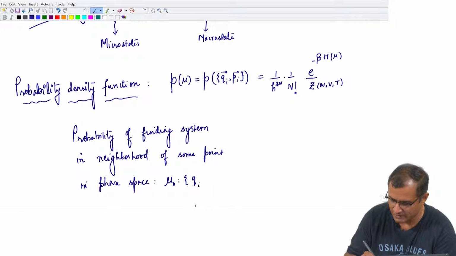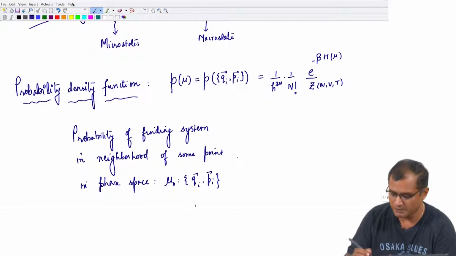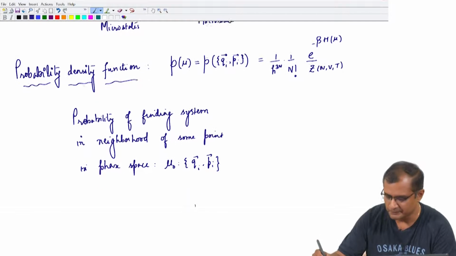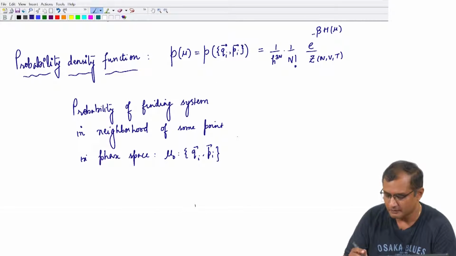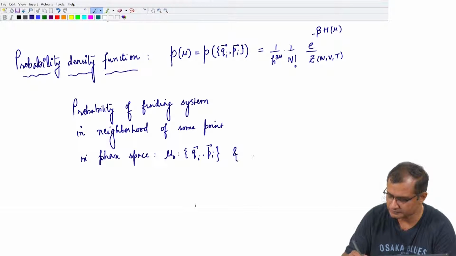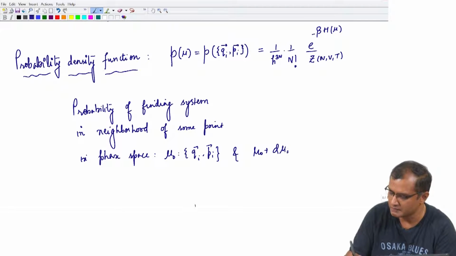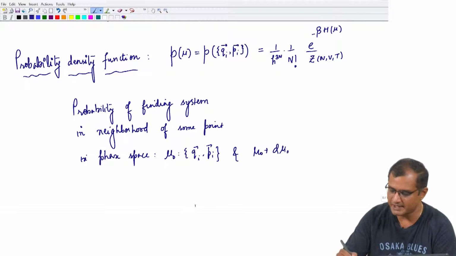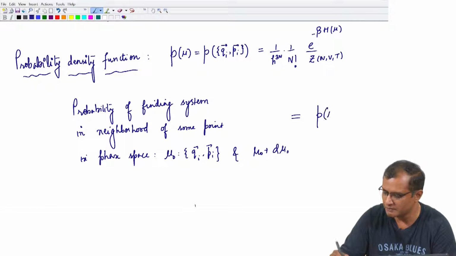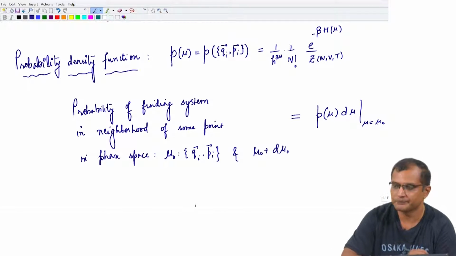So, all qi's are specified and all pi's are specified, and the neighborhood of this point mu naught means the vicinity of mu naught, and that is basically the number of states between mu naught and mu naught plus d mu naught, and that probability is given simply as p of mu d mu at mu equals mu naught. So, that is the meaning of probability density.